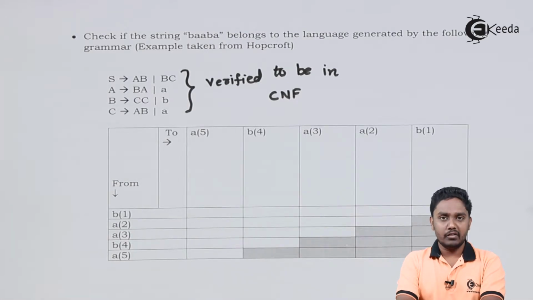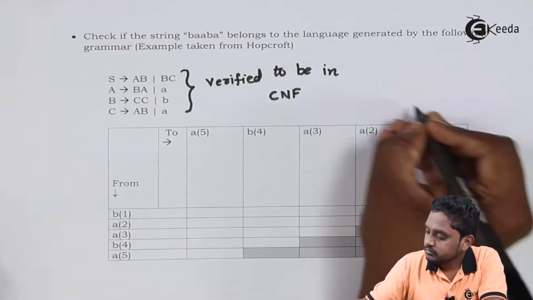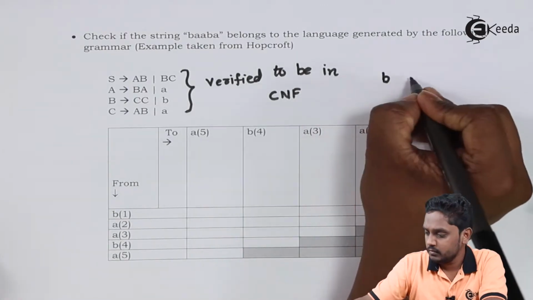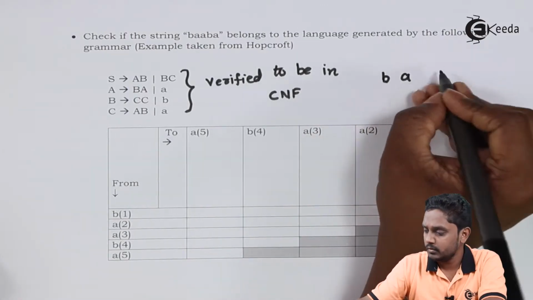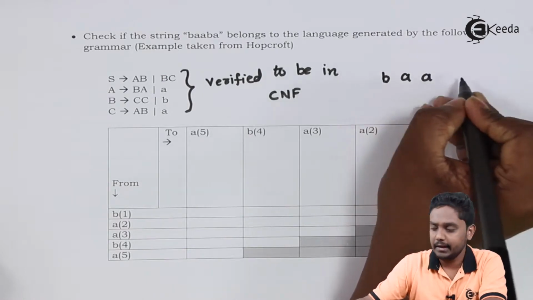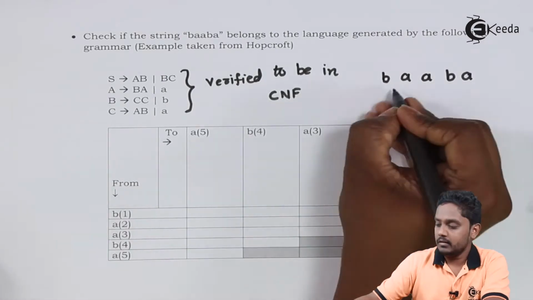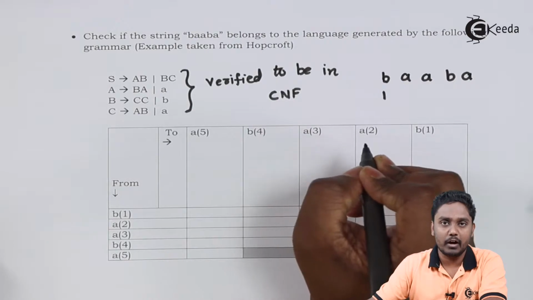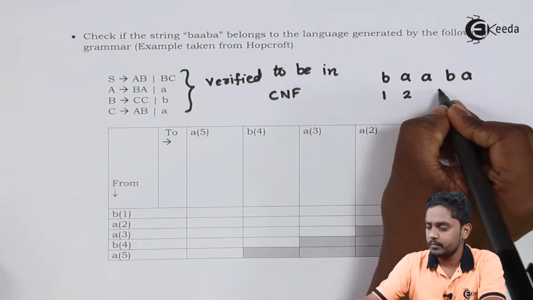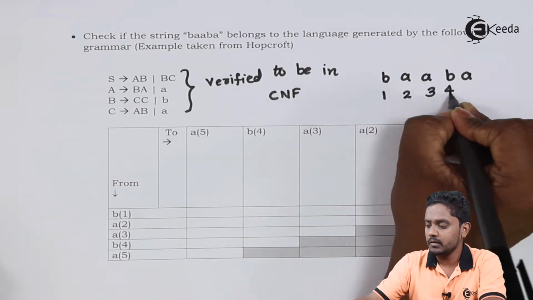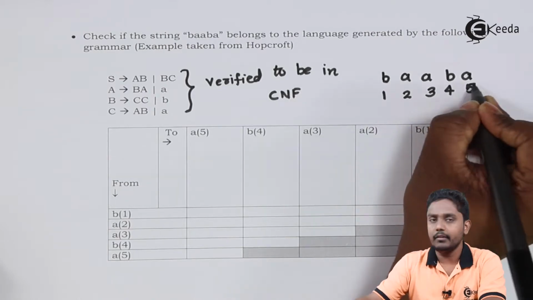I have given indexes to every letter in the string. The string is B A A B A. We are indexing them using 1, 2, 3, 4 and 5.